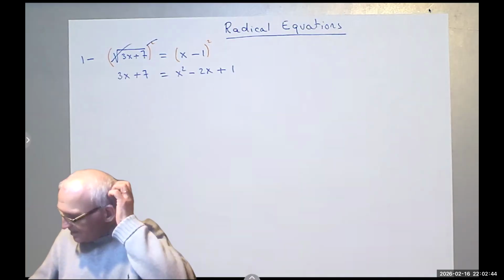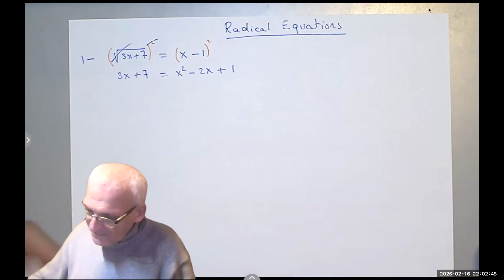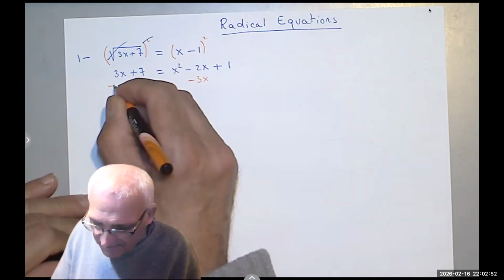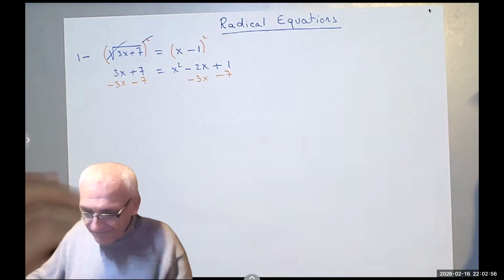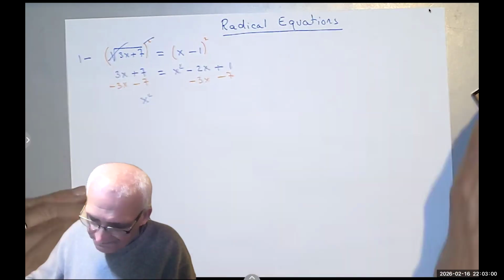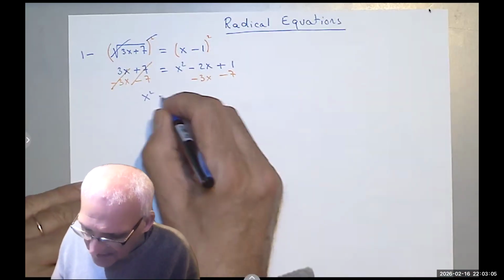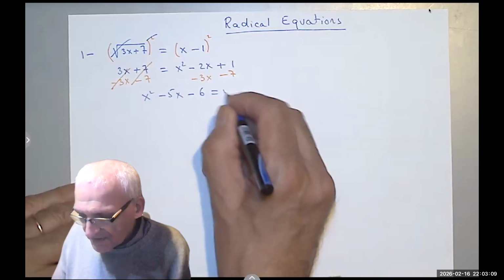And now it became an easy quadratic equation. I can, again, if you wish, subtract 3x from both sides and subtract 7 from both sides. So I will get x squared minus 5x minus 6 equals 0.